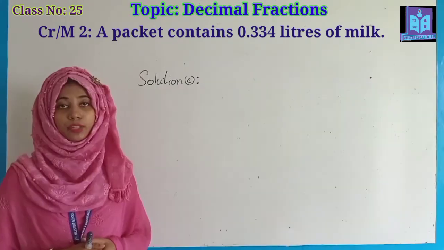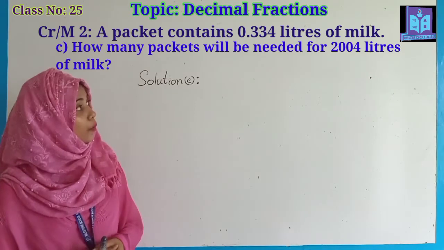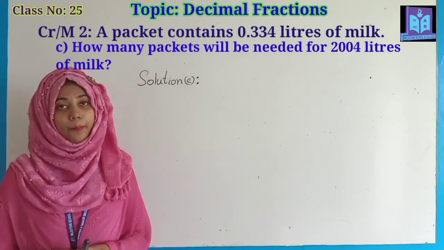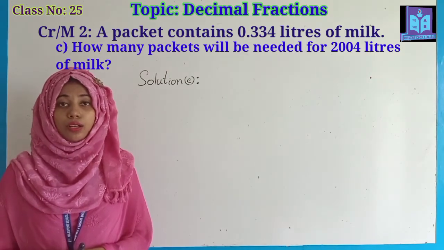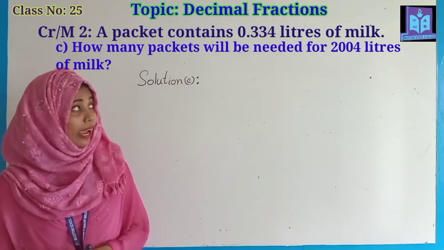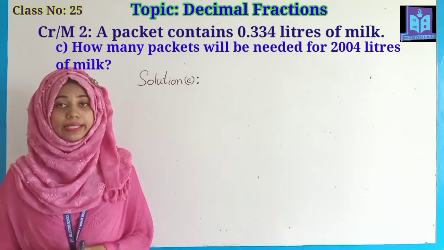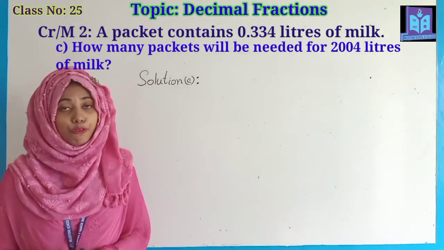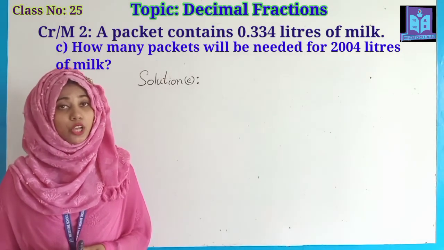Okay. Question number C. How many packets will be needed for 2004 liters of milk? Let's solve the math. In our statement it is given that 0.334 liters of milk will be needed for 1 packet. You have to find out how many packets are needed for 2004 liters of milk.